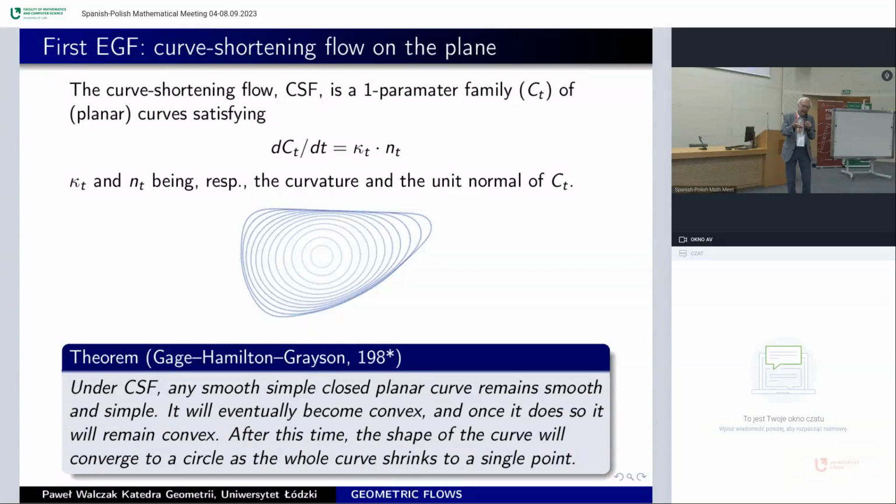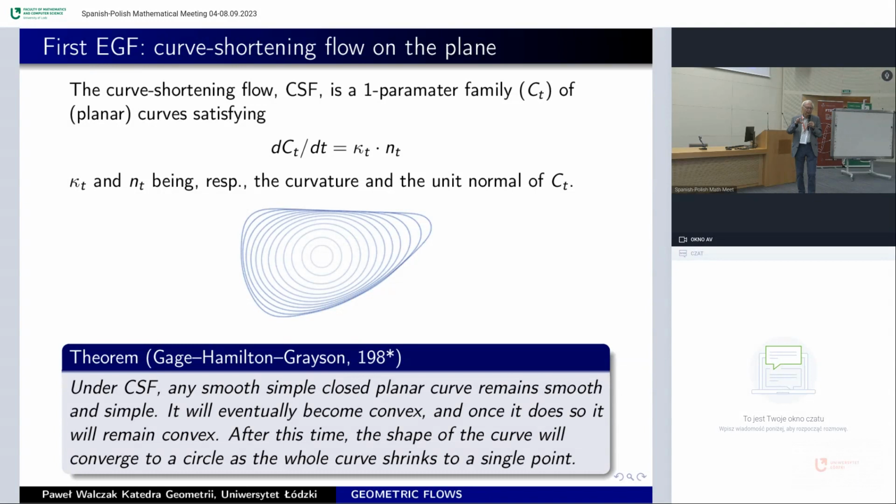these curves, if you start from anything, in fact for any smooth, simple, closed planar curve, under this variation, stay all the time smooth and simple, and finally become convex.